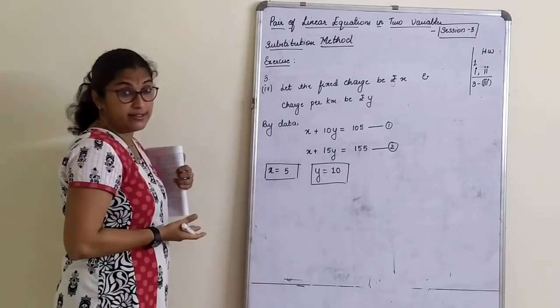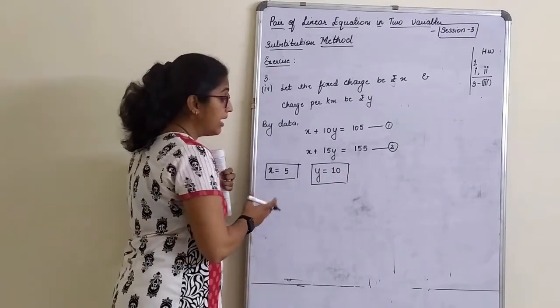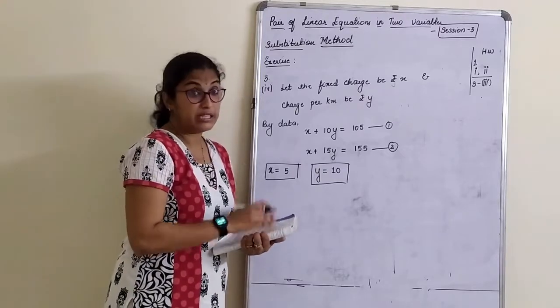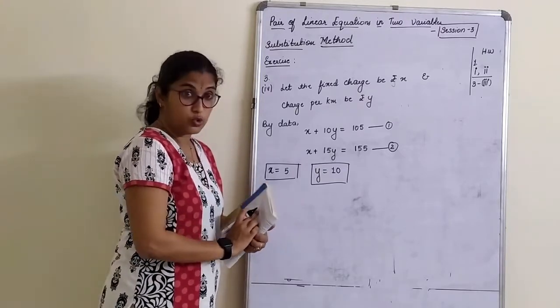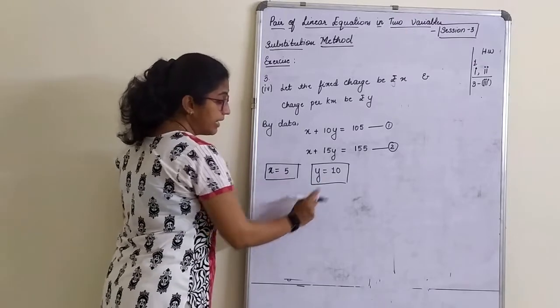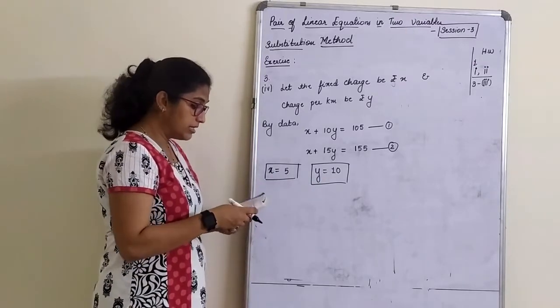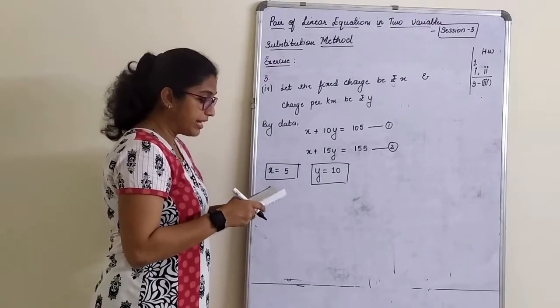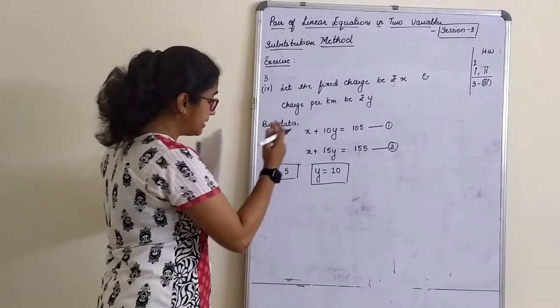Ready-made, do not write the answers. Please solve and get this. I'm only giving it because I can help you out with the last sub-question they have asked. Since x is 5 and y is 10, the question here is how much the person has to pay for traveling a distance of 25 kilometers.